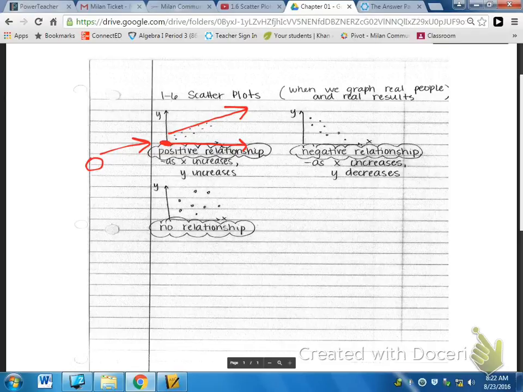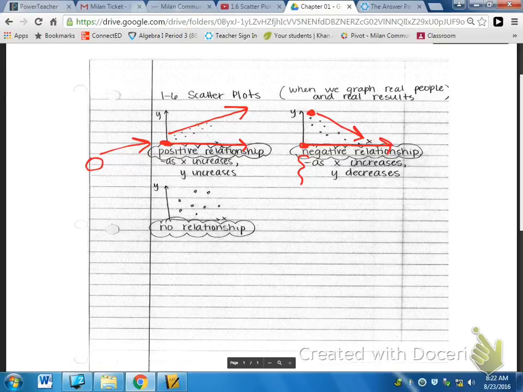Just the opposite of that is if you start at the 0 and as x goes up, it starts out high and goes low. That is a negative relationship. It goes downhill. So you would write that as x increases, y decreases.